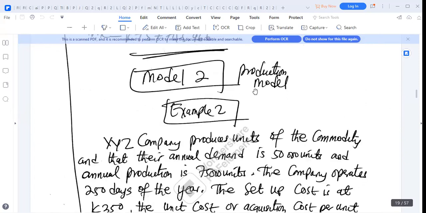So example 2 is for the production model. The formulas given in the question will determine which model it is: is it model 1, the purchasing model, or model 2, the production model? So now getting down to model number 2.